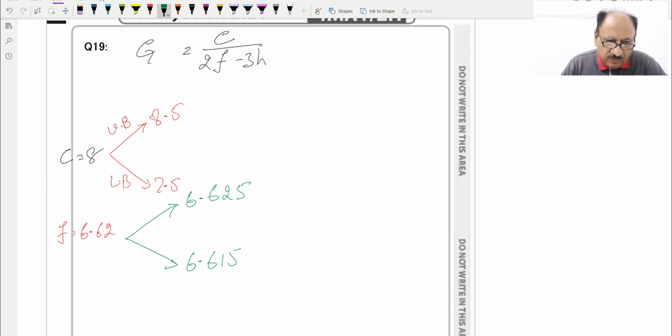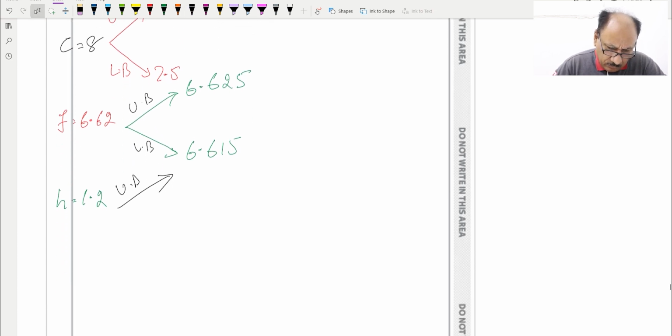And then the next value they are saying h is equal to 1.2, and this is correct to 1 dp. So correct to 1 dp, we can check the upper bound and lower bound.